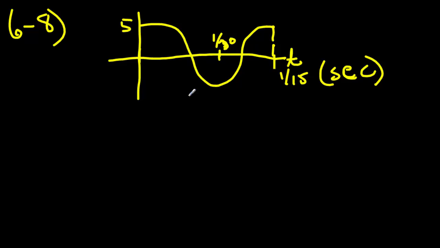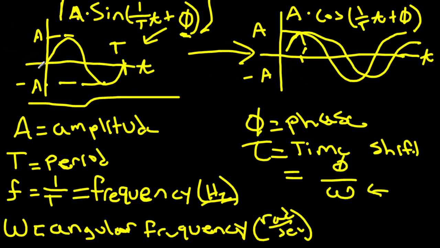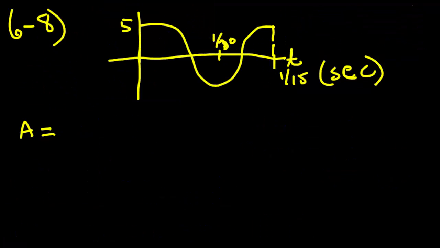And we are asked to find the amplitude, the period, the frequency, and the phase angle. Alright, so let's start with A. If we go back to the previous page, we see that amplitude is the height of our graph, A. And if we come back here, we see that the amplitude is 5. So we could say A is equal to 5.